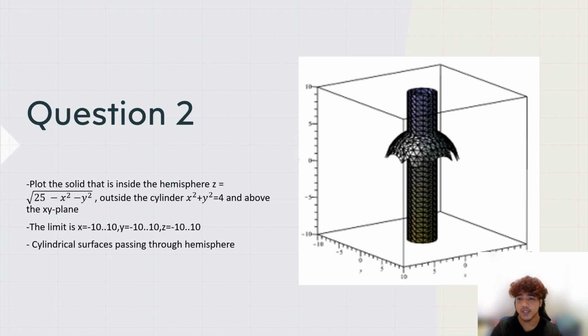For the limit, I set x equal to negative 10 to 10, y equal to negative 10 to 10, and z also negative 10 to 10. After the command process is done, this is the output that I get. I get the image of the cylindrical surface passing through the hemisphere.